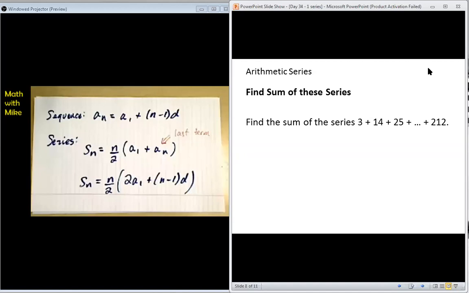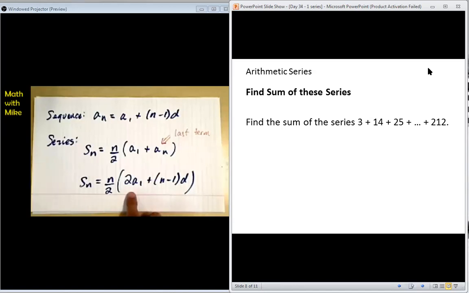Yeah. So here D is 11. Parsa's given us D already for this one. Yes, it is. Yeah. D is 11, right on. And A1 is 3, so 2A1 is 6. Parsa's looking at using this one again. Yeah.